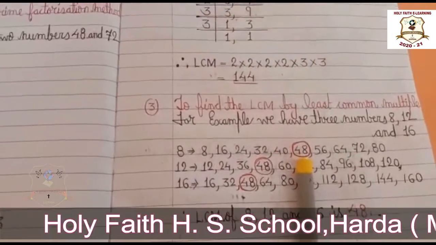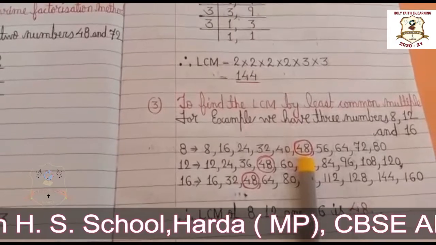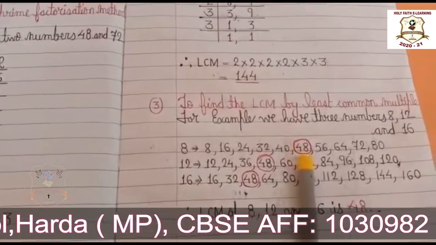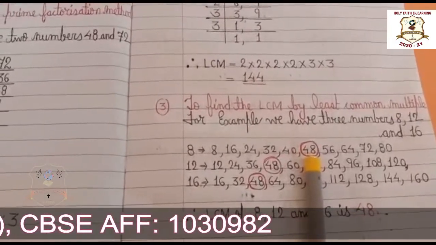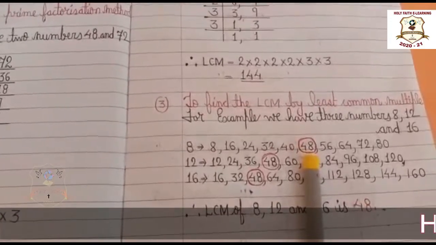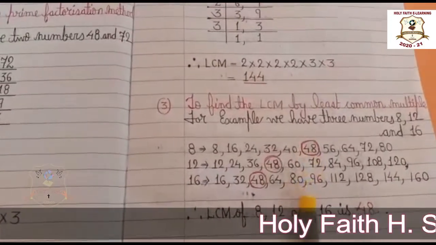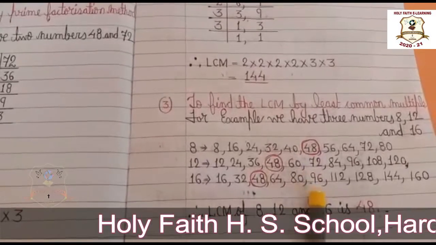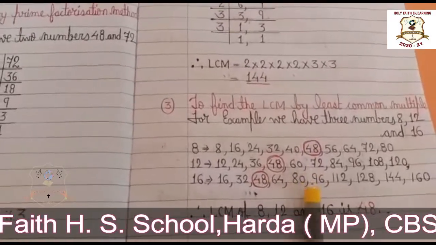Okay, so if we want to find multiple, it means we have to write the table. Students, it is compulsory for every student to learn the table from 2 to 20. So if this type of questions will be there, then you have to solve it properly.